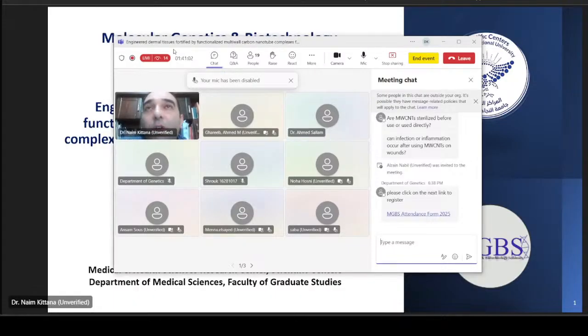Now, if you are asking whether the location of the wound would matter, in our experiment we used the back. If it was on the abdomen, would it be different? I don't think so, because at the end it is the same skin. But of course the blood flow in the tissue region could be different, and blood flow is important for adequate wound healing.